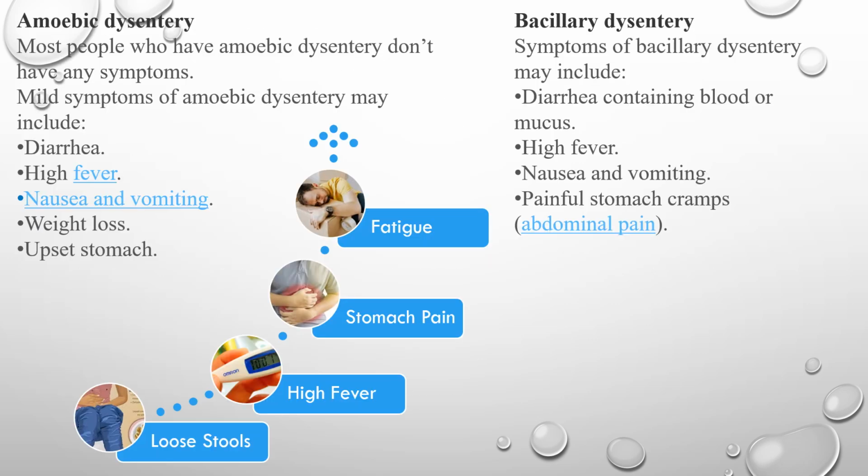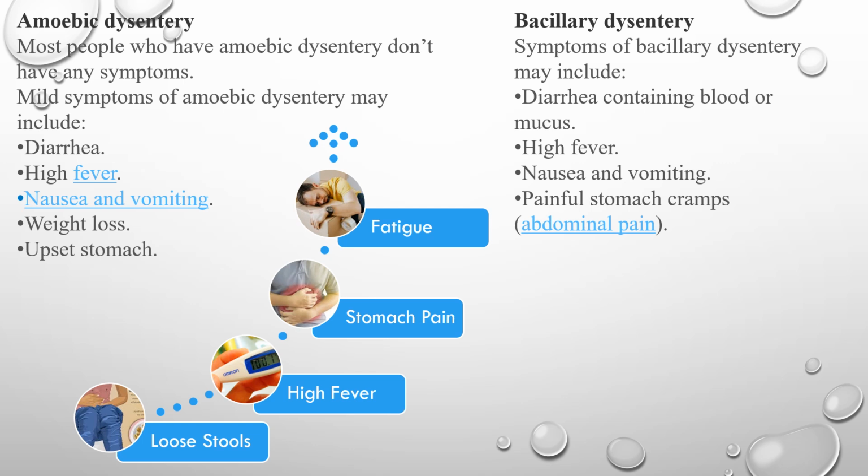Now, coming to the main symptoms, I'm talking in a common way. Frequent diarrhea with blood can be observed, abdominal pains and cramps, nausea and vomiting, fevers and chills, severe dehydration, which can be observed by dry mouth, dizziness, reduced urination. Then you have a constant feeling of needing to pass stools.